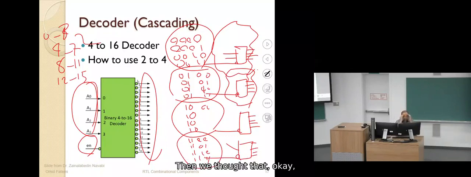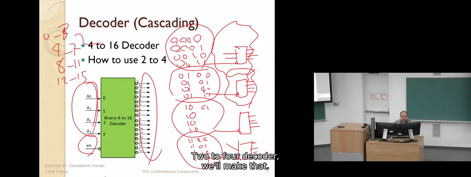Then we thought that these decoders are not all working at the same time. Each time, one of them is working, and the one that is working at one time is dependent on A2 and A3. So we have A2 and A3, and we would like to select one of the 4. So it is another decoder. Another decoder, 2 to 4 decoder, will make that.